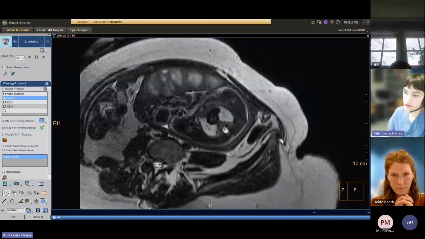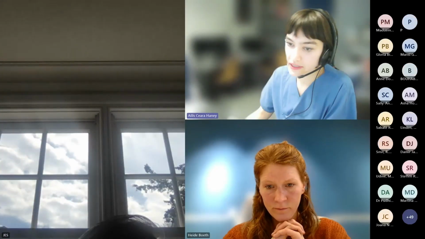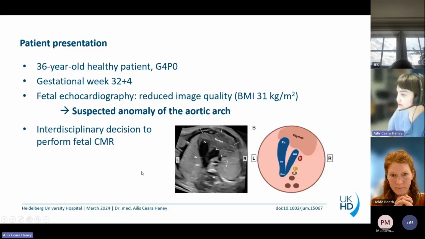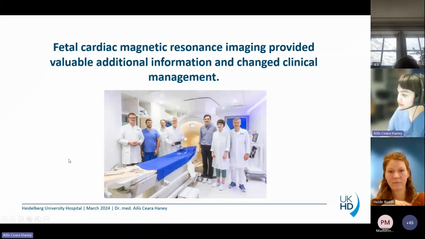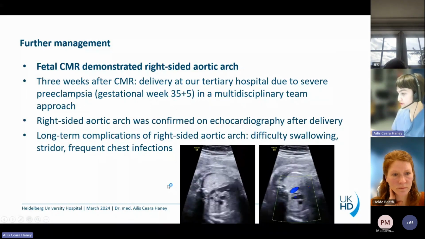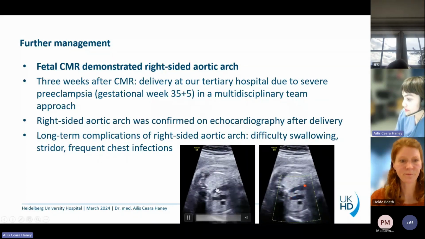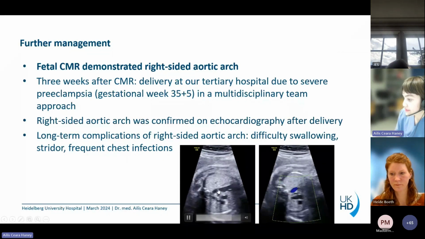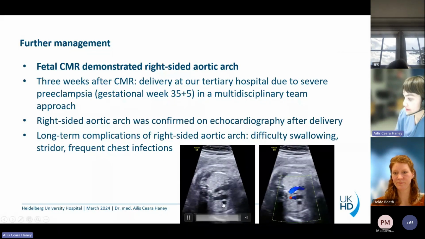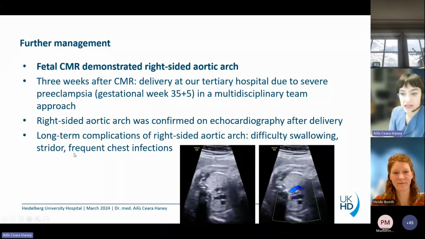I am just going to go back to my presentation so we can see, sorry, this would be the corresponding image on fetal echocardiography had we been able to obtain these images. Also here, the kind of typical U shape of the ductus going into the descending aorta and the superior vena cava that we see here.